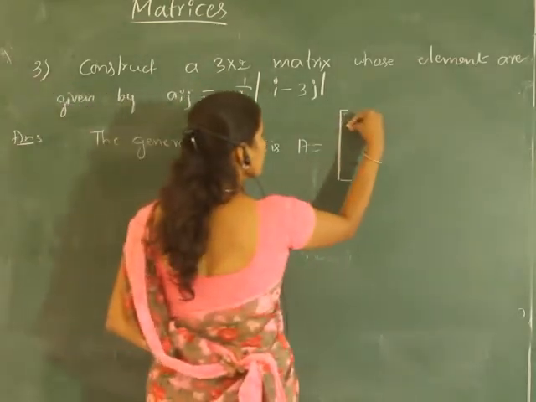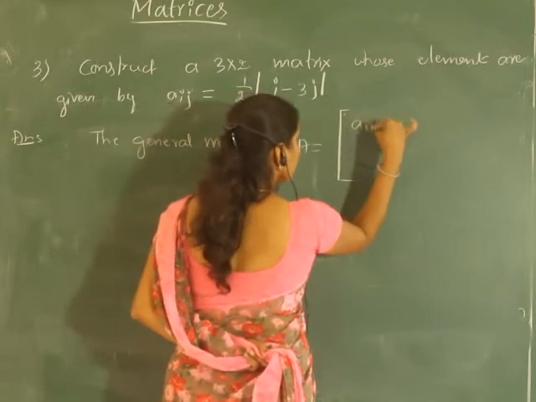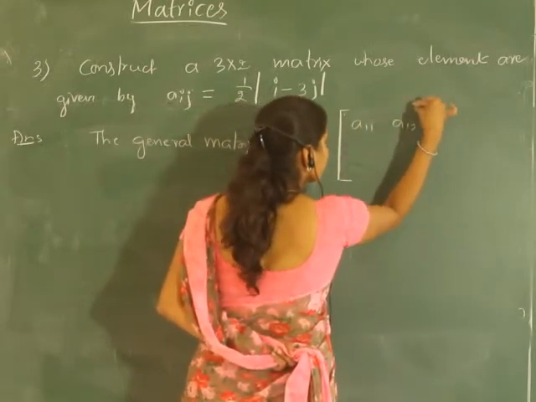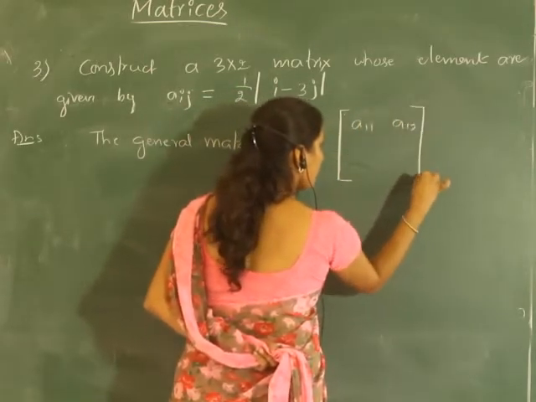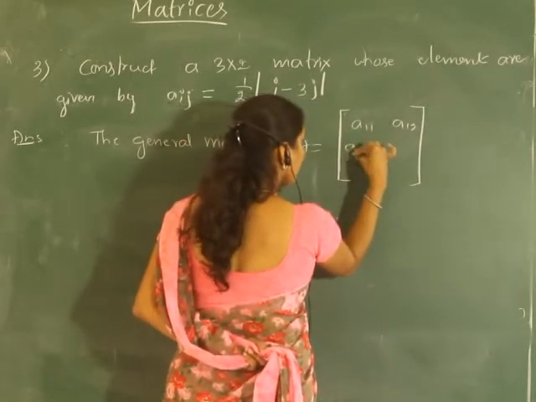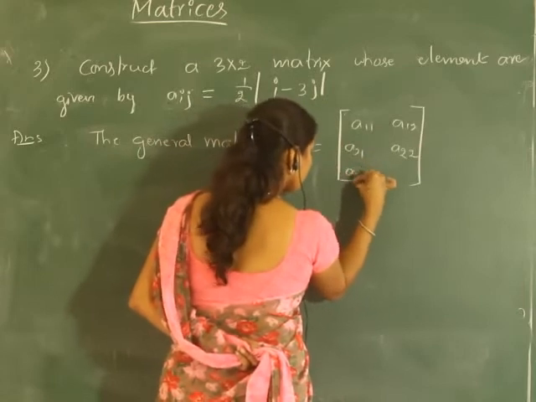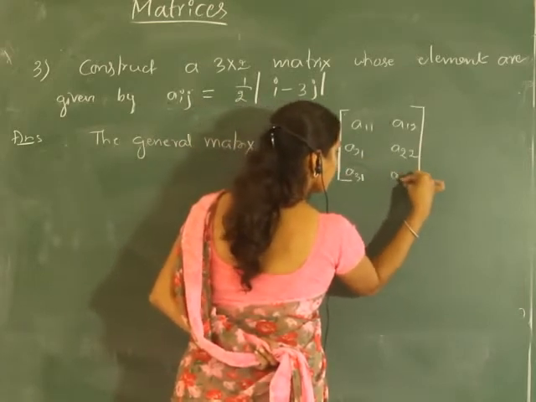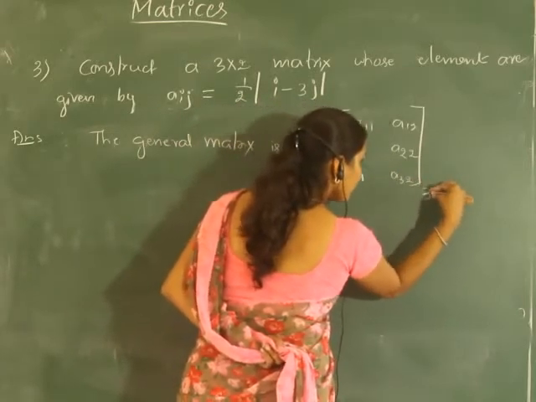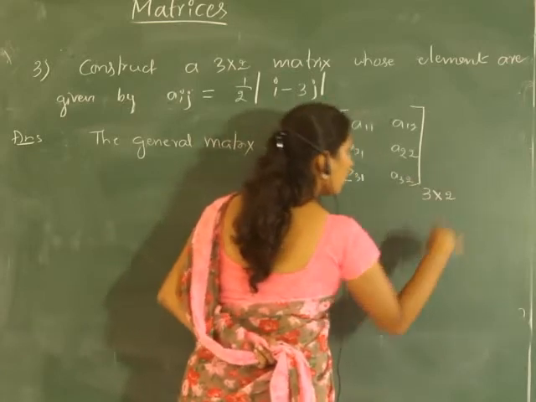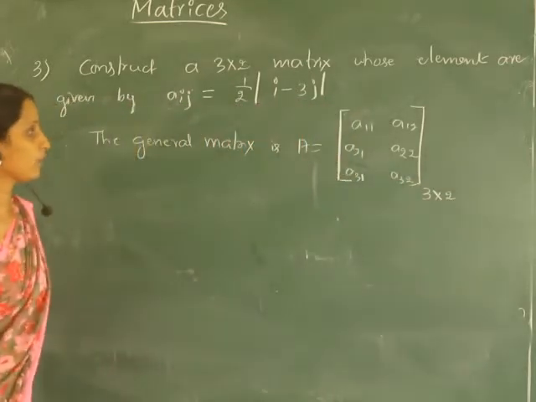So 3 rows means a11, a12, then a21, a22, then a31, a32. This is of 3 rows and 2 columns.